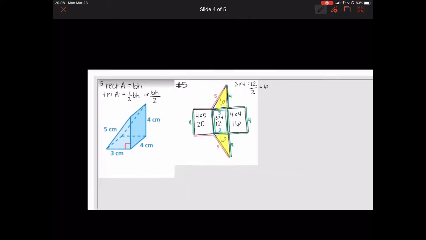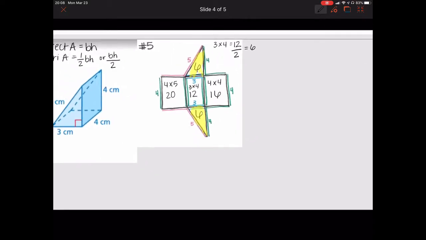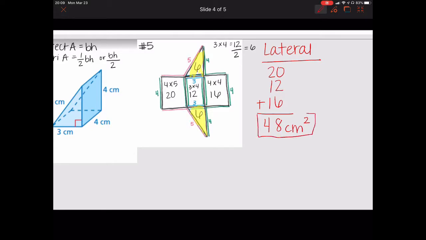Now we can come over here to the side and find our lateral surface area. So everything but the bases. So 20, 12, and 16. Add that up. And again, this is centimeters squared. So our lateral is 48 centimeters squared.